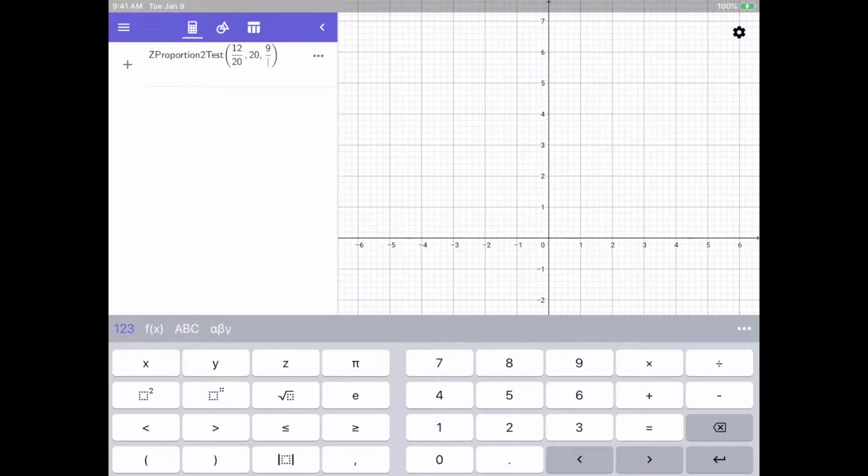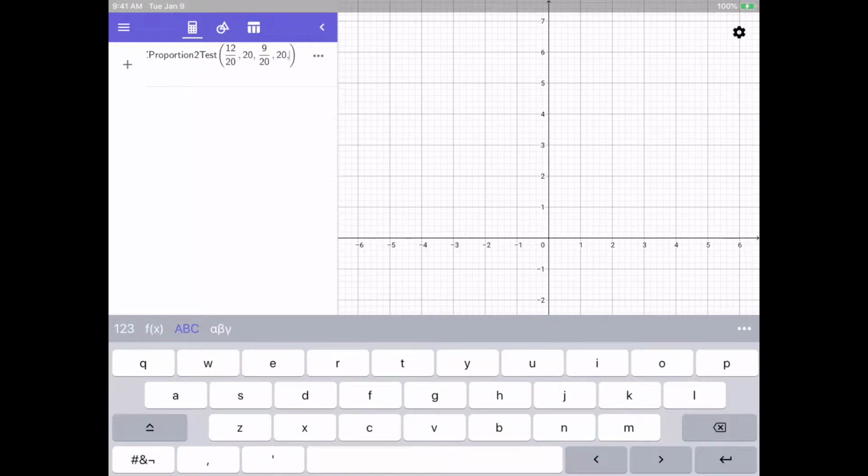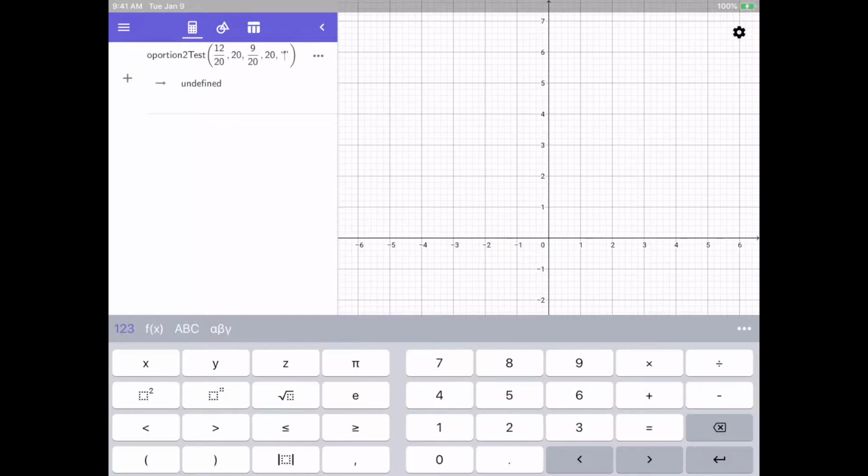The second one said that 9 out of 20 passed, with a sample size of 20. We need to go to the ABCs and symbols to get the quotation marks. And this one was a greater than test. So we get a p-value of 0.171.